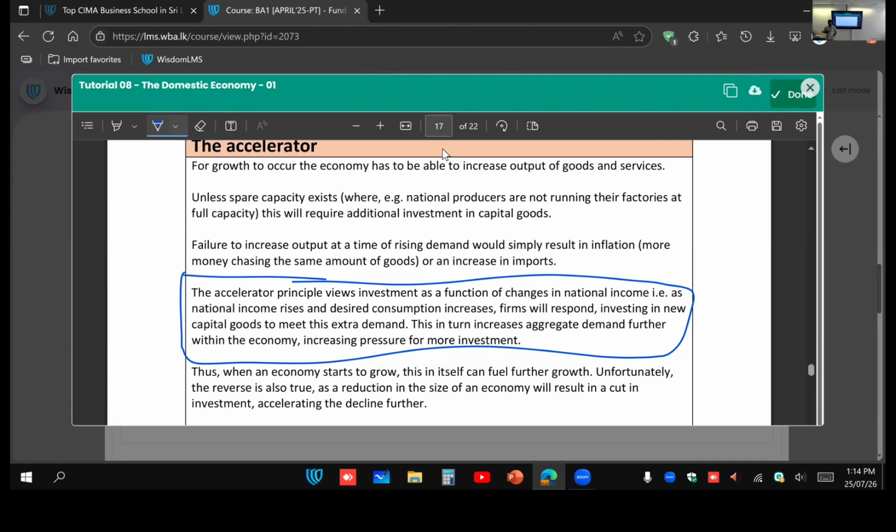How do governments control our national income? Taxation. When the national income is gradually increasing, they will raise the taxes. So when they raise the taxes, you can't go and consume, you earn and pay the tax. Understood? This whole structure logically? Thus, when an economy starts to grow, this in itself can fuel further growth. Important. When an economy starts growing, right?